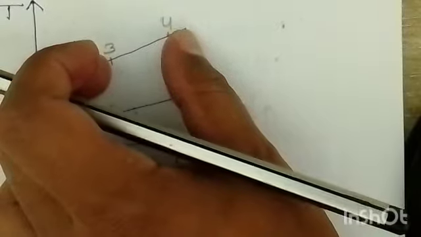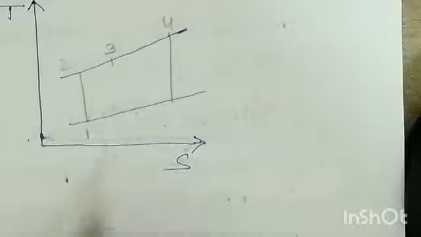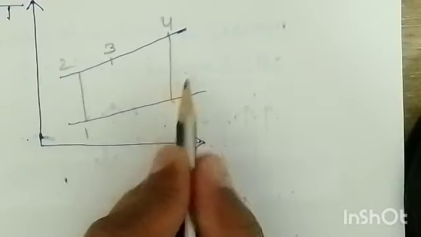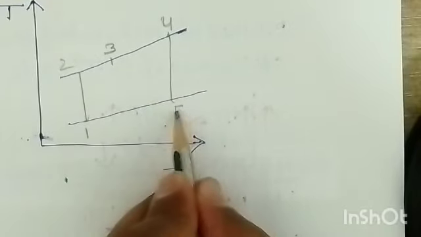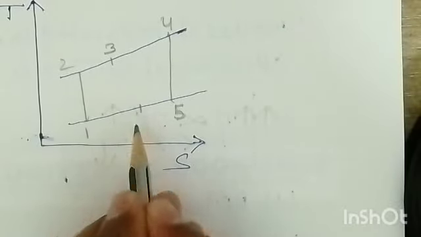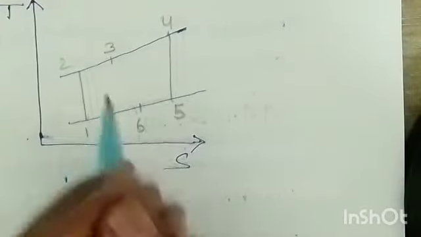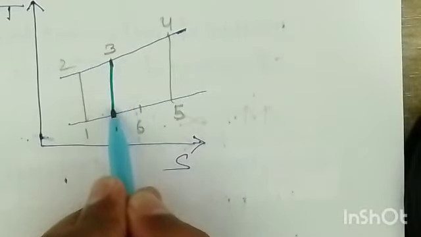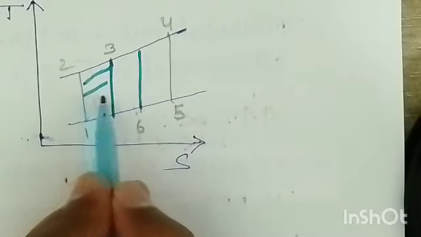Further, from 4 to 5 you are expanding the gases in the turbine. So this is 4 to 5, right? And further 5 to 6 we are rejecting the heat, right? I'll shade these two portions, 2 to 3 and 5 to 6. So these are the shaded portions, right?